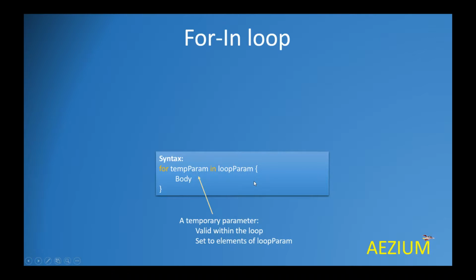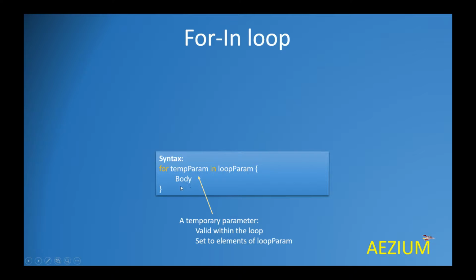In addition to the loop parameter, we have another parameter called temporary parameter here, which could be any temporary parameter by any name. The temporary parameter takes its value from the values provided by the loop parameter. For each value that the temporary parameter takes, the body of the loop is executed using that temporary parameter.